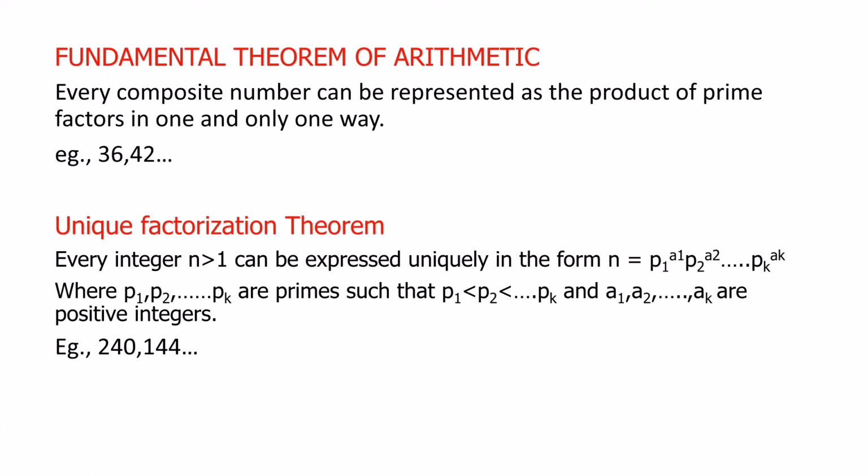We have already studied the fundamental theorem of arithmetic in the 10th grade. Every composite number can be represented as a product of prime factors in one and only one way.